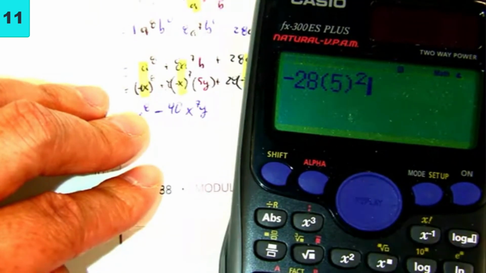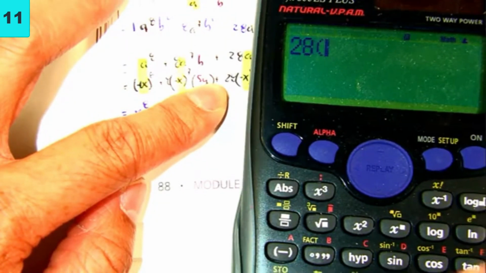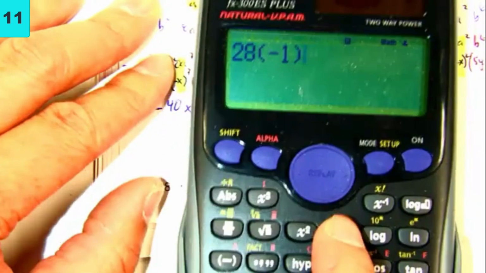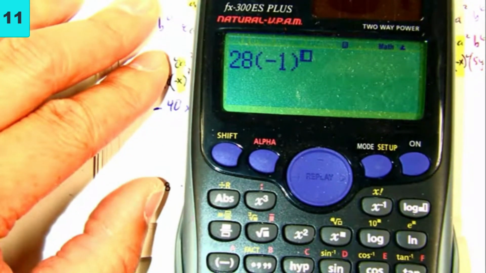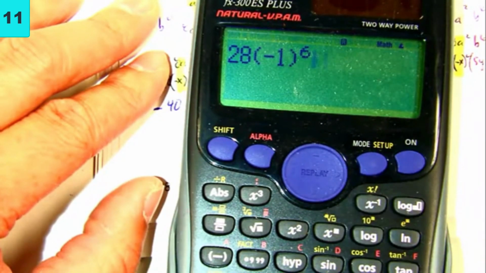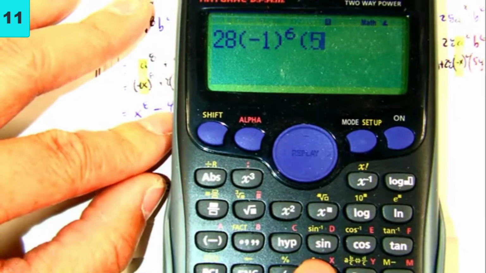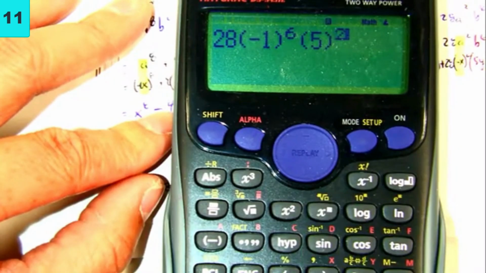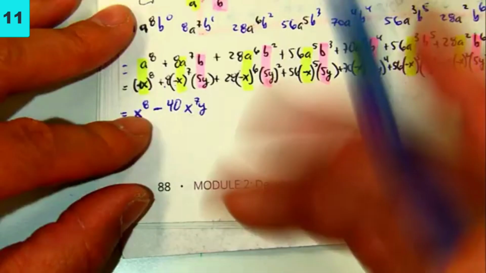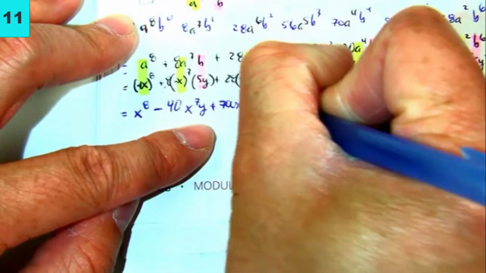Try that again. 28 times negative 1 to the 6th power. That's what I wanted to do. And then to get out of the exponent, you just press the right key. And then 5 squared. You should get positive 700. So positive 700 x to the 6, y to the 2nd.